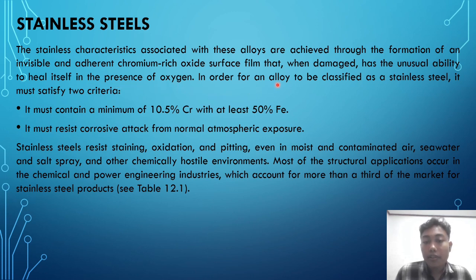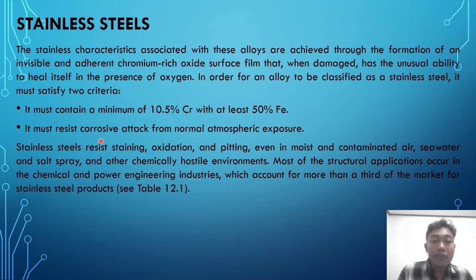In order for an alloy to be classified as a stainless steel, it must satisfy two categories. It must contain a minimum of 10.5% Cr with at least 50% Fe.